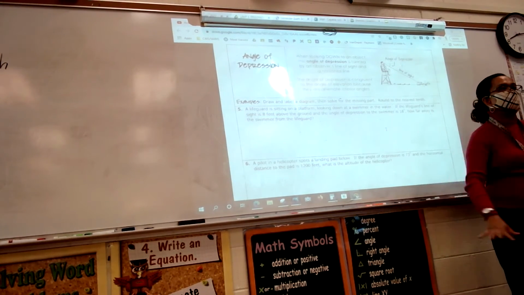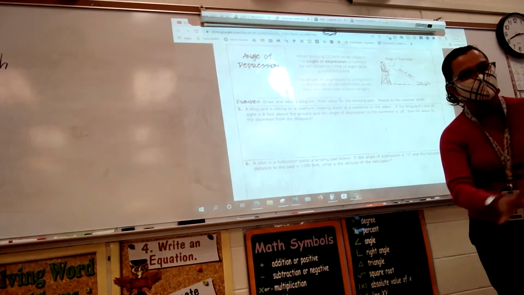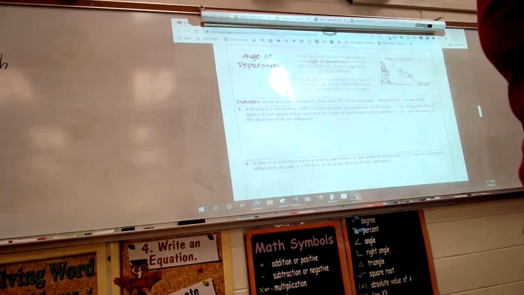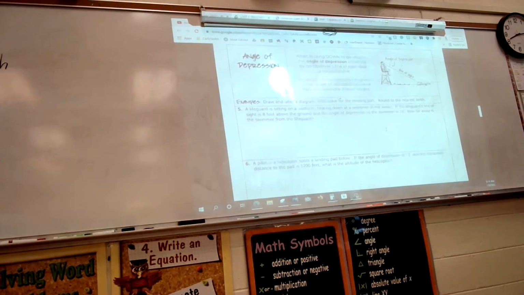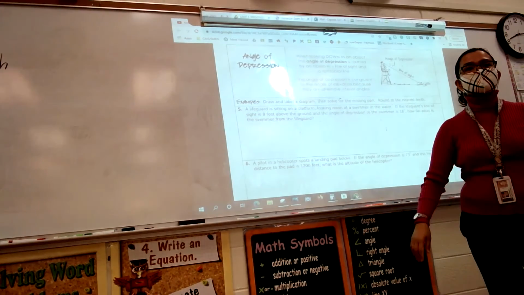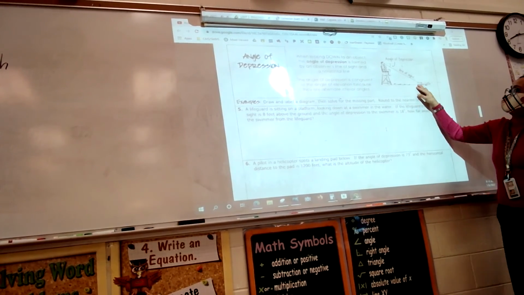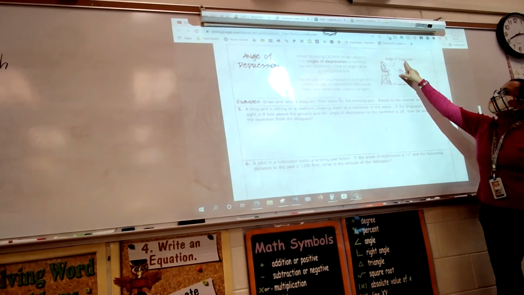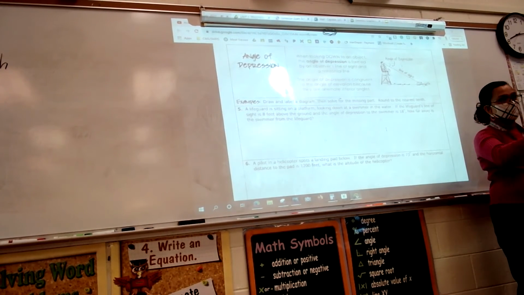Whenever you are looking for an ant down there, the floor, the land, the soil, the plants, okay? That's depression. The line of eyesight will go diagonally, and the angle of depression will happen down there.